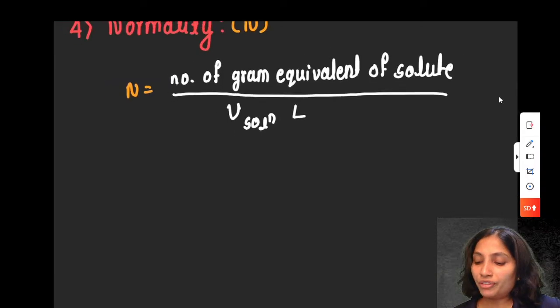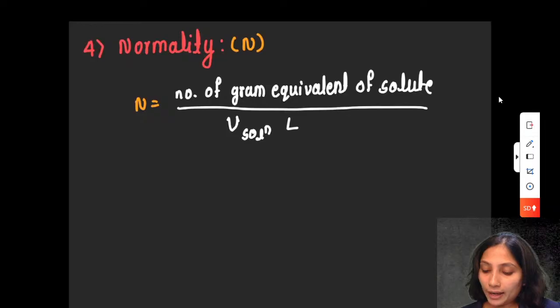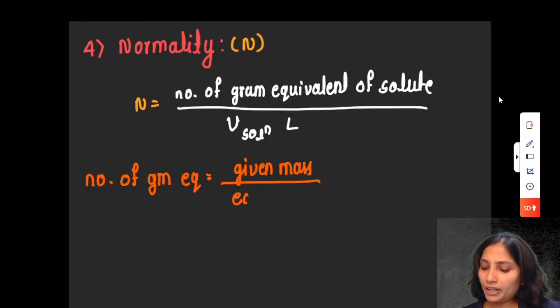What is this number of gram equivalent? How to calculate number of gram equivalents now? How have we calculated number of moles? Mass by molar mass, right? Number of gram equivalent can be calculated by the formula: number of gram equivalent is equal to given mass divided by equivalent mass.